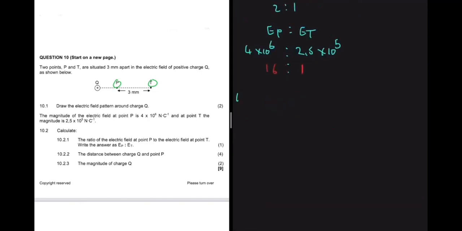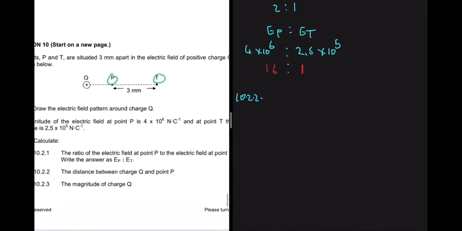And now let's do 10.2.2. 10.2.2 is a bit complicated. There's some math involved, but let's see what we can do. He's saying let's find the distance between charge Q and point P. So obviously we can say EP is equal to KQ divided by R squared, right?